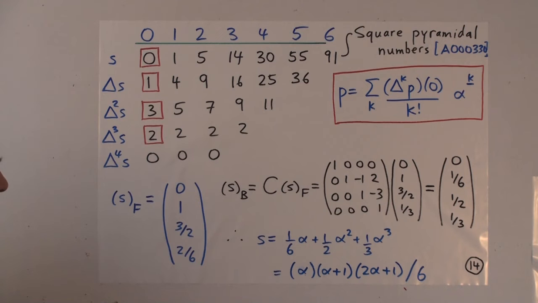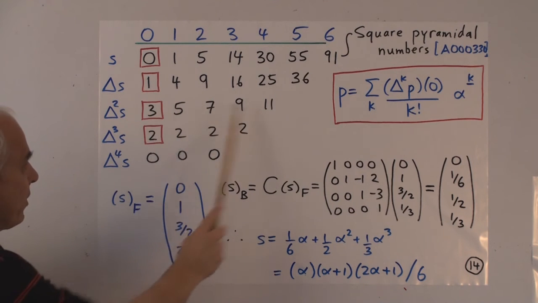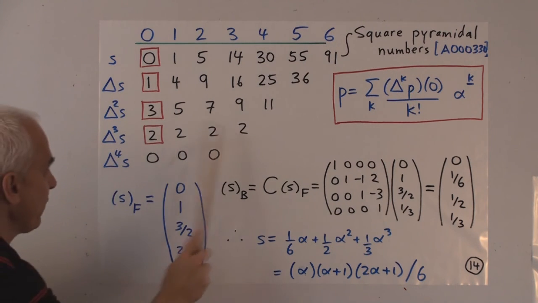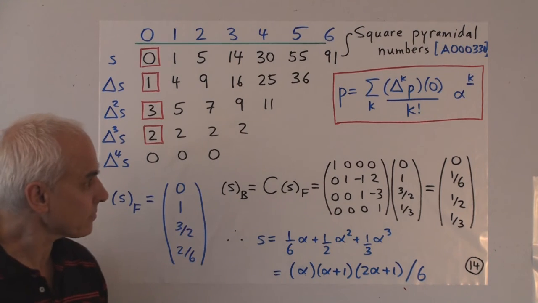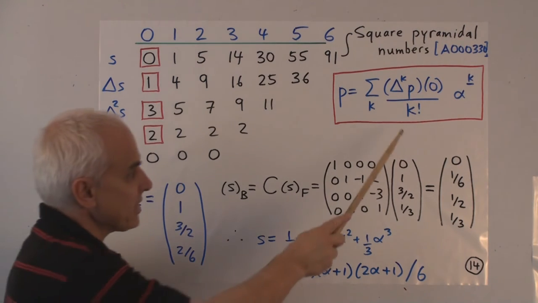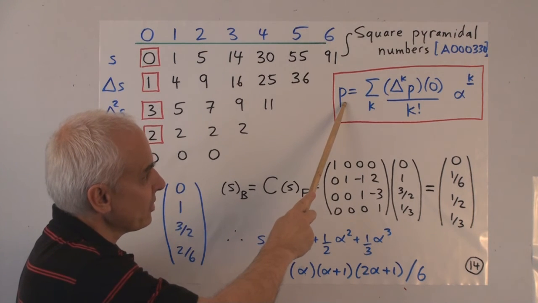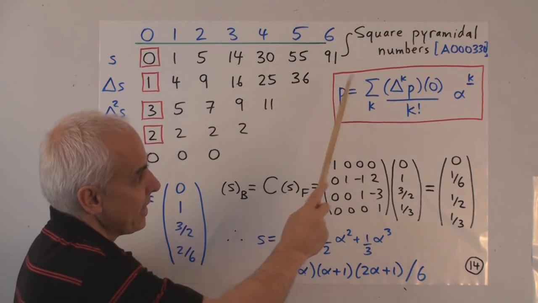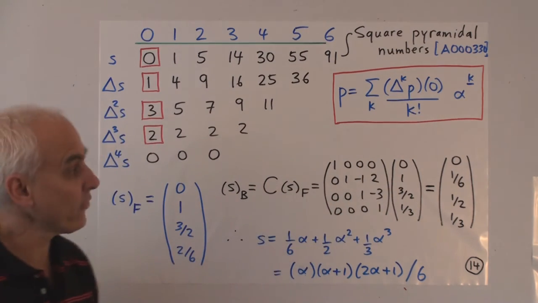Then triangle squared of S, the forward difference of the forward difference. This 3 is 4 minus 1, that 5 is 9 minus 4, and so on. Third forward difference, the fourth forward difference, all zeros. Here is that formula of Newton that expresses the original sequence or polynomial in terms of certain coefficients times the falling powers.